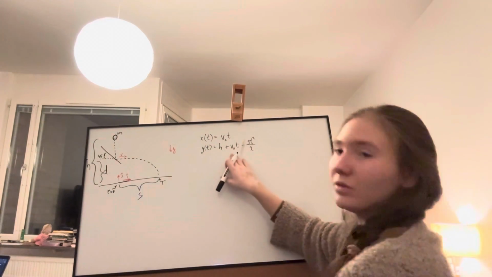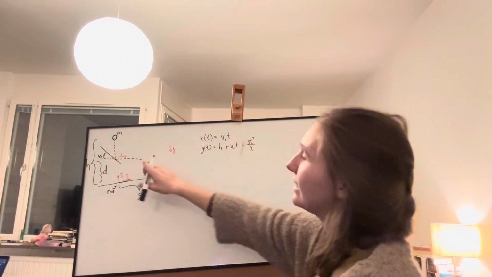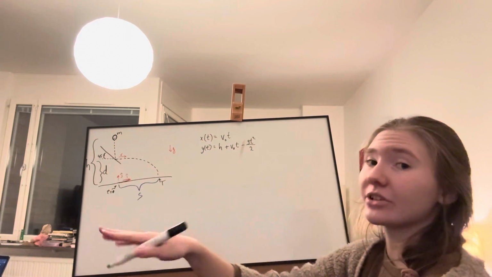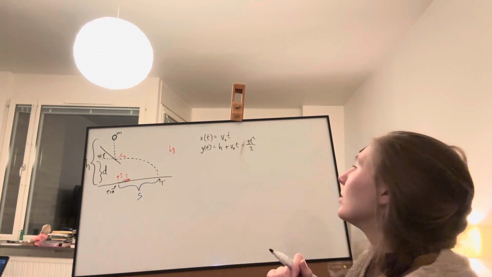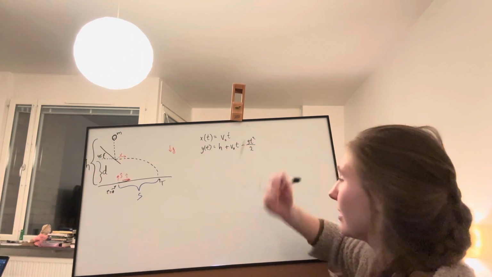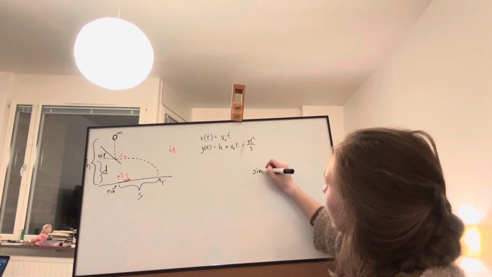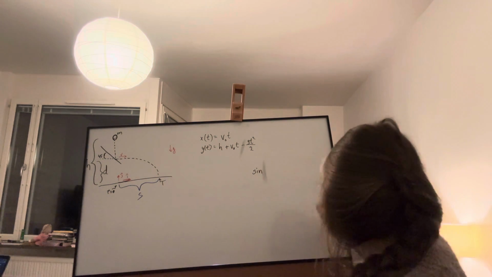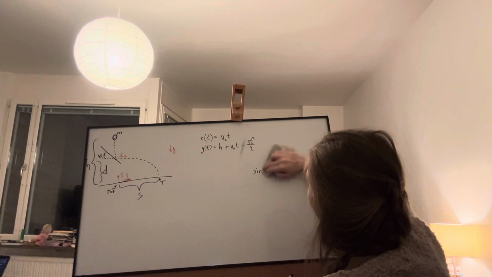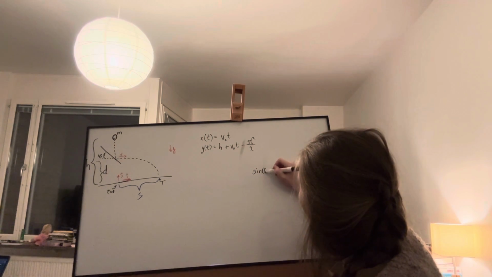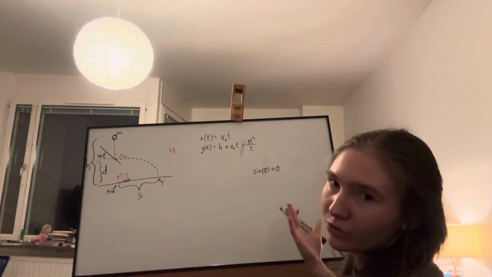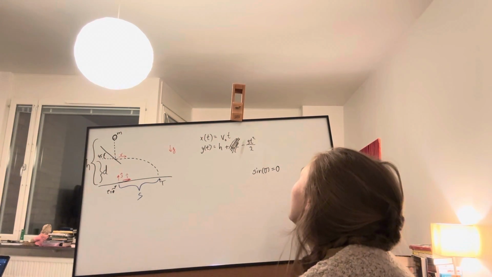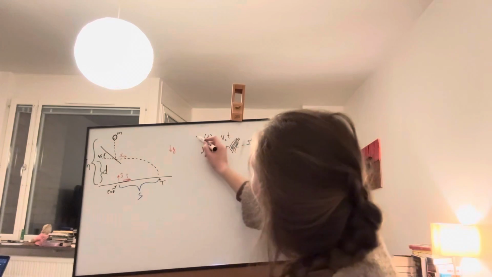Now, we know that here the motion in the y direction is horizontal, so the angle theta is equal to 0, and we know that sin 0 is equal to 0. So this doesn't exist. Nice. And this is one part.